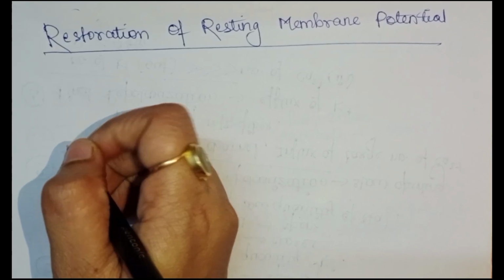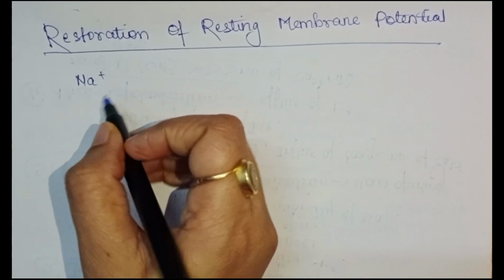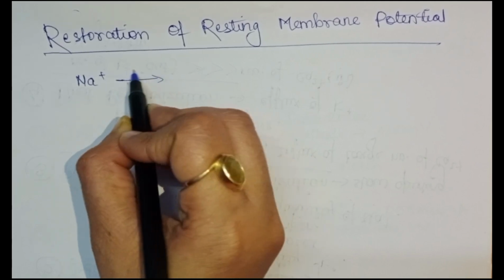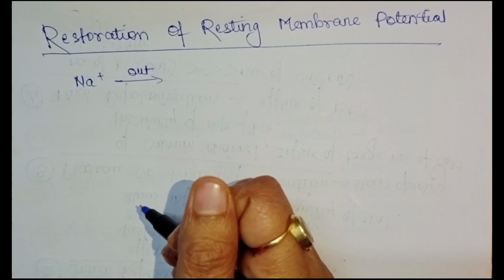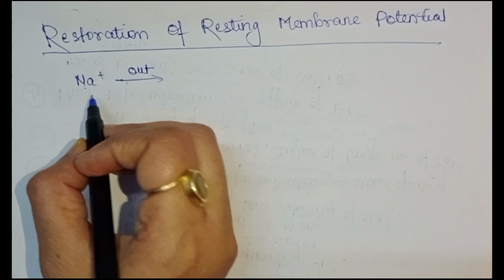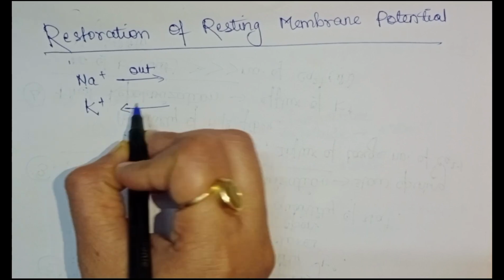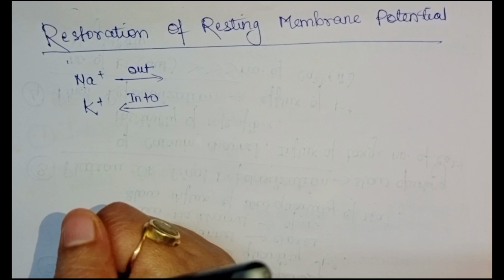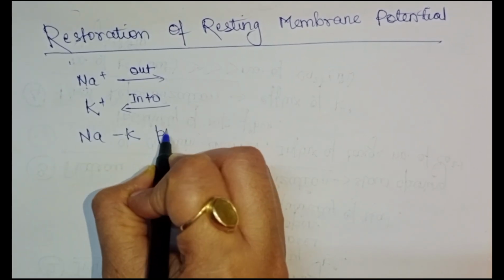At the end of final repolarization, all the sodium ions which had entered the cell throughout the process of action potential move out of the cell, and potassium ions move into the cell by activation of the sodium potassium pump.